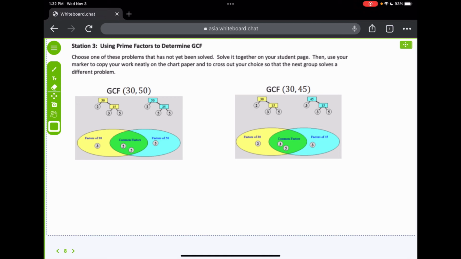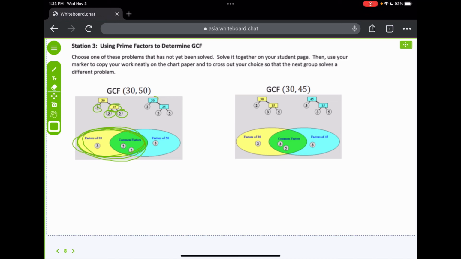Okay, so if you see here, they broke 30 down to 2 and 15. Well, 15 can break down to 3 and 5. So what they said was that the prime factorization is 2, 3, and 5. So they graphed that in this yellow circle here, 3, 2, and 5.